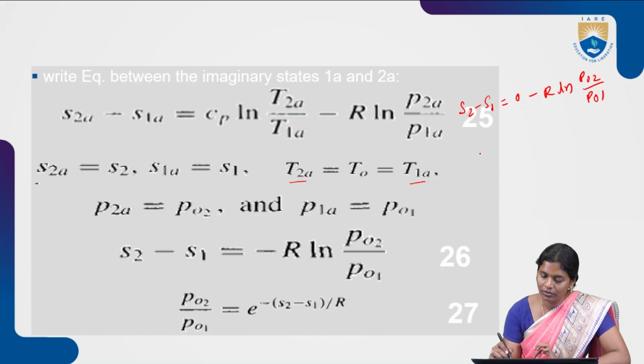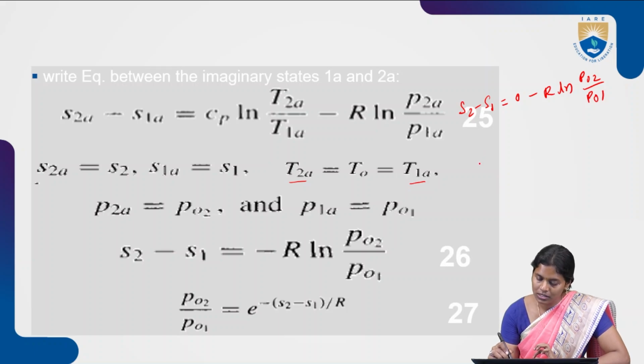So from here we can write R ln of P02 by P01 equals minus of S2 minus S1.